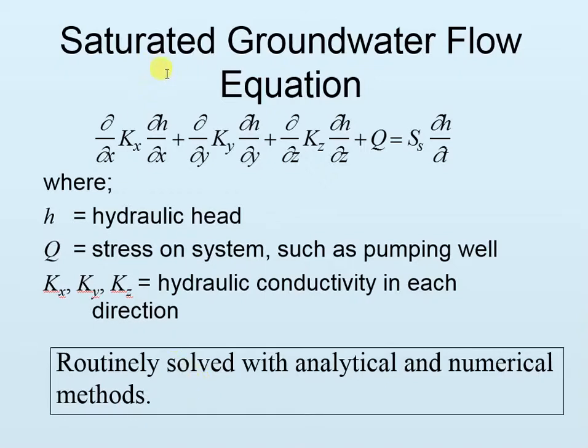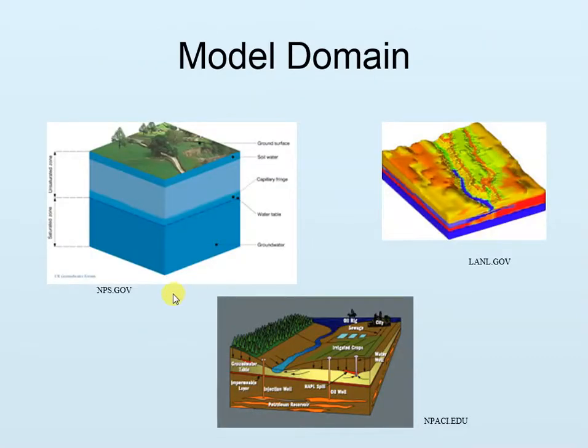We'll be focusing mostly on MODFLOW, which solves this equation using a numerical method. And the equation is solved typically, or always, on a model domain, such as indicated in these figures.